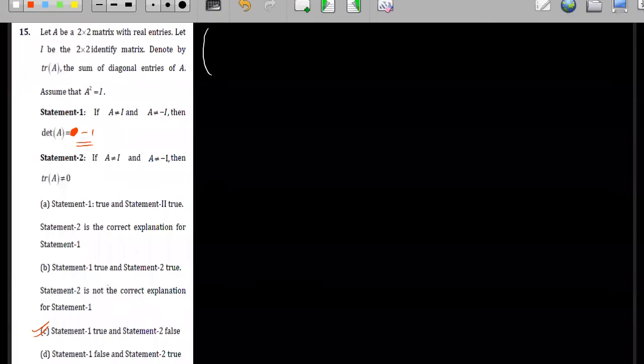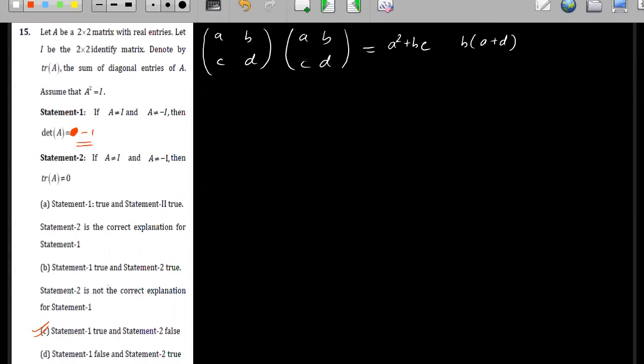Fine. So we can take a, b, c, and d, right? And they have given that A square is equals to I. So A square plus BC, then AB plus BD, so b into a plus d.